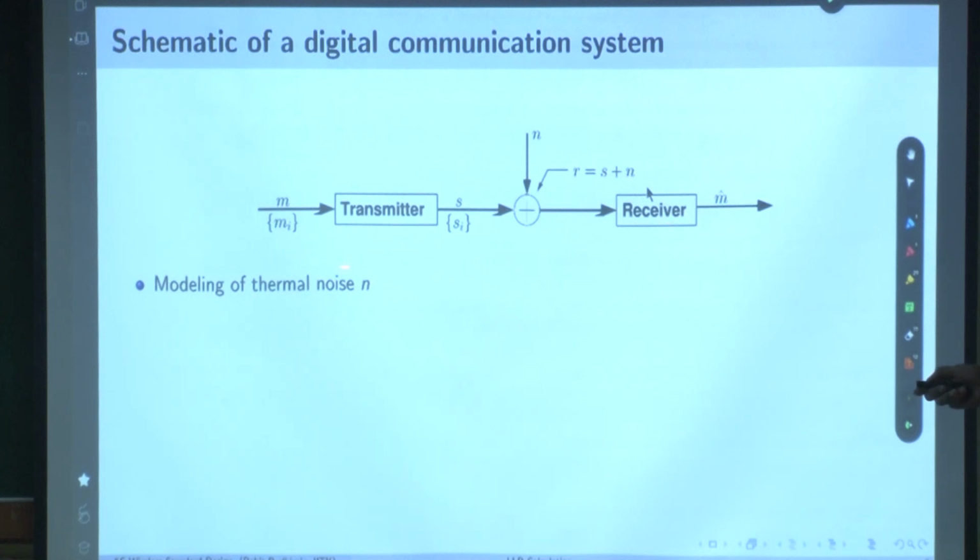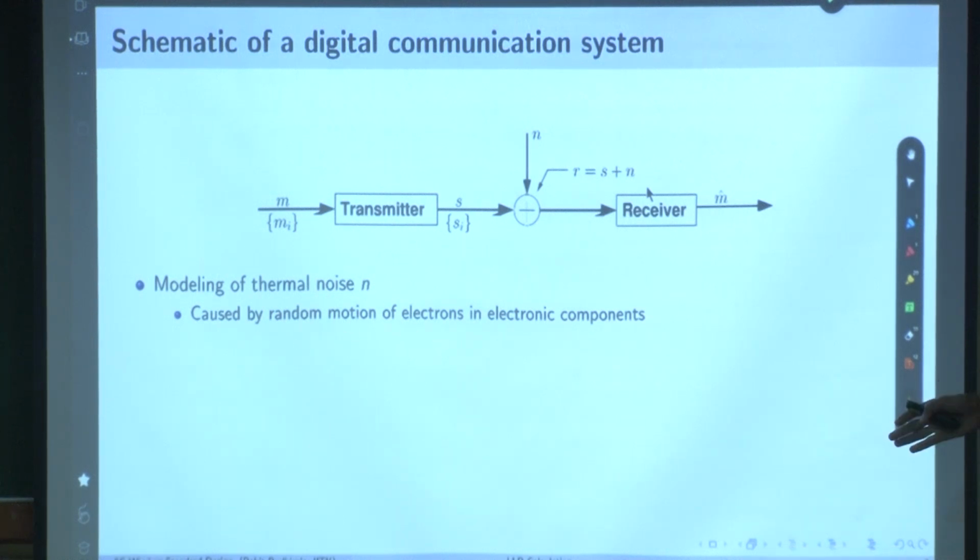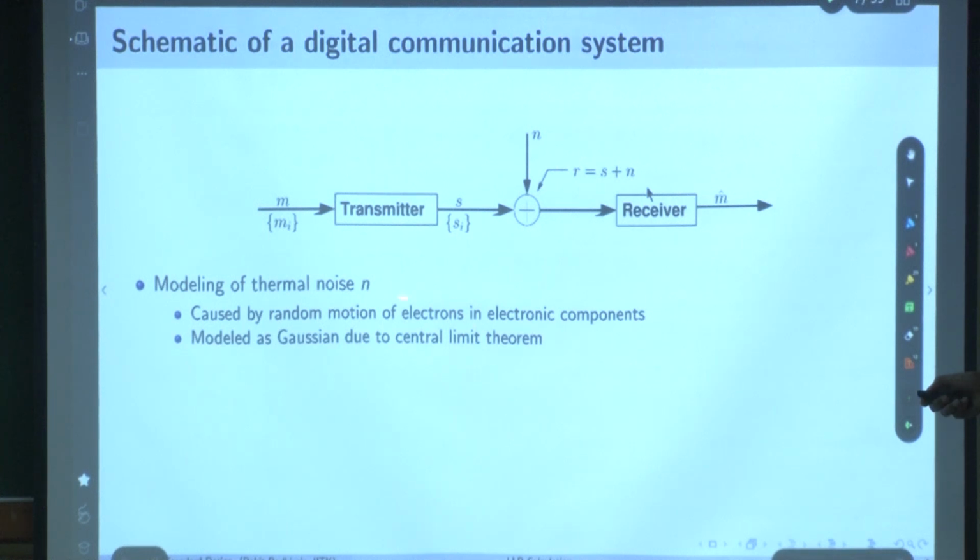develop this receiver, let's understand the model of thermal noise. How does this work? Thermal noise is caused by the random motion of electrons in electronic components, and there are millions of these electrons, and you don't know how they are moving. They move in random directions, and then what does the central limit theorem tell us?